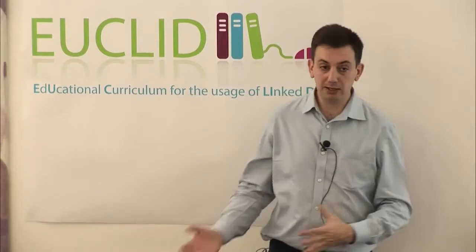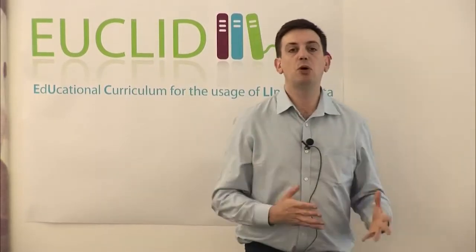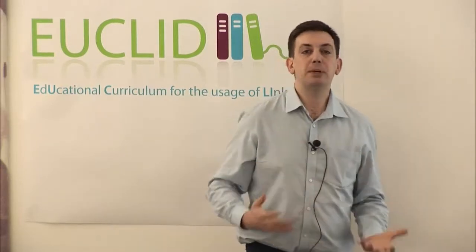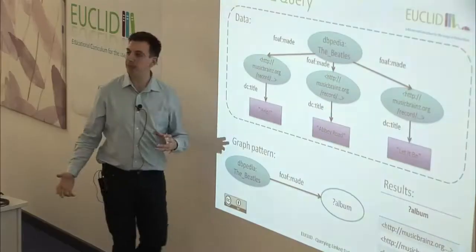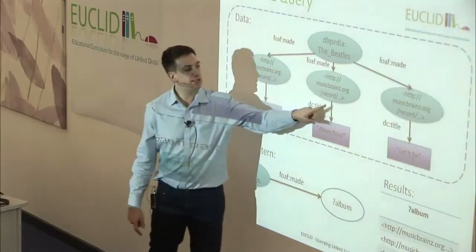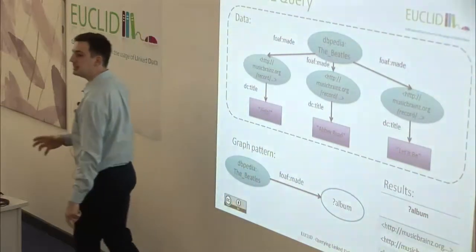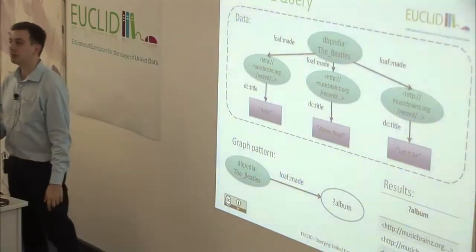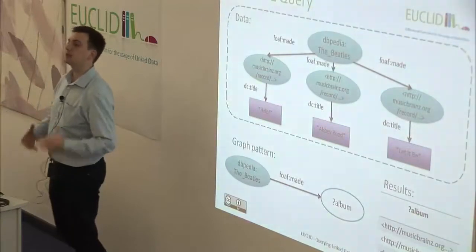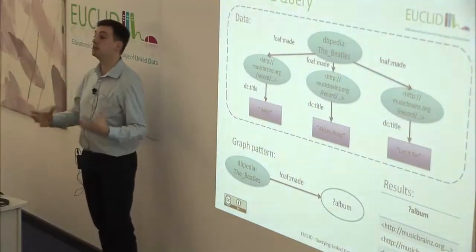Okay? The first question that I want to ask before we even look at the query forms is, what do we want to return? Okay? It makes a big difference whether we're talking directly to a human or whether we're talking to a machine that's interpreting these results for a human. A machine might be perfectly happy to just get back these URIs identifying those resources, because in common with linked data, those are HTTP URIs that we can resolve.